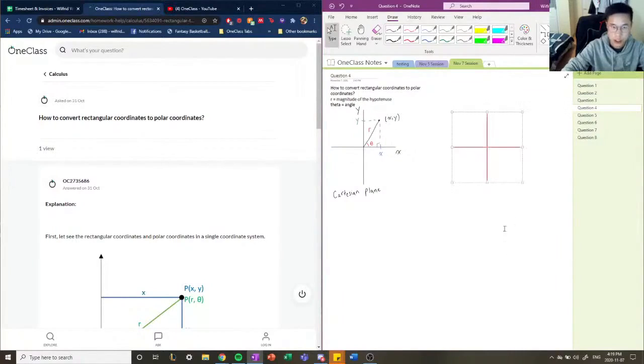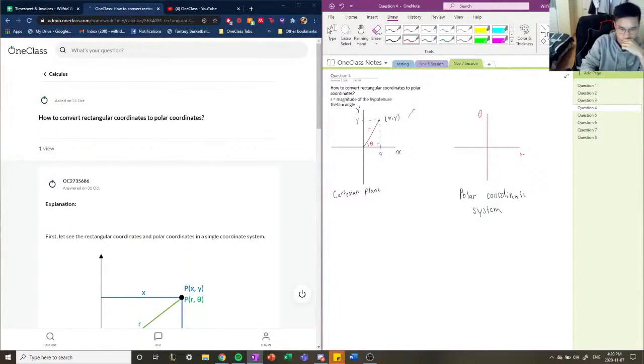Okay, so let's say that this is our polar coordinate system. This is our polar coordinate system, and the units for this are r, which is the magnitude, and theta, which is the angle, right? So how could we possibly take our x and y and convert it to r and theta?